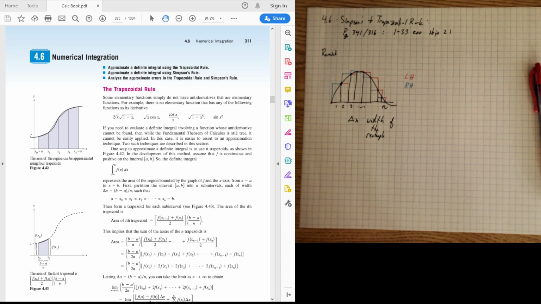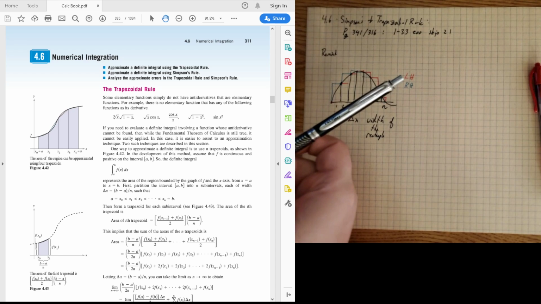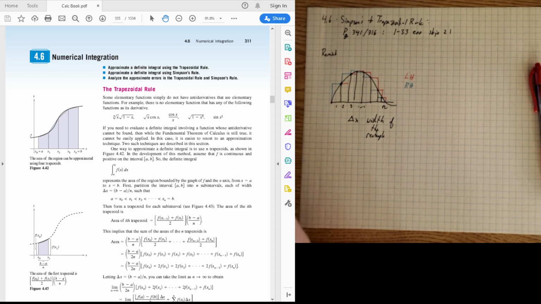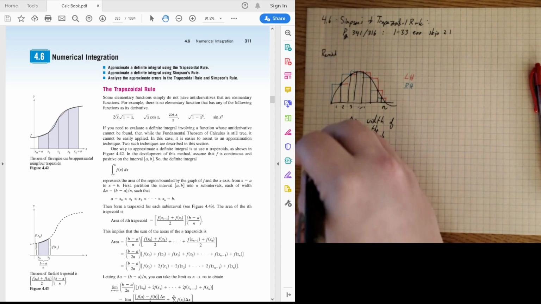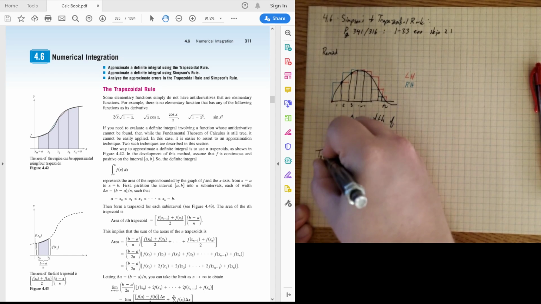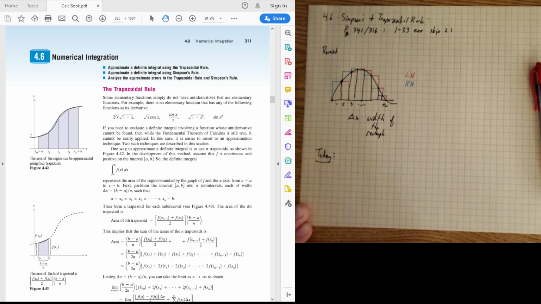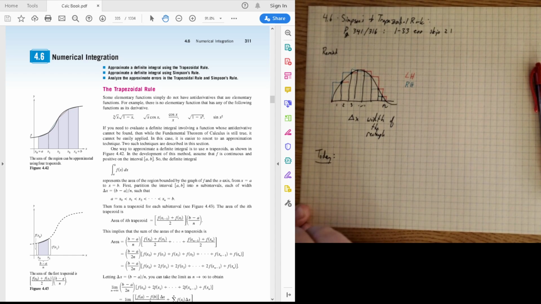These two rules that we're going to talk about today are both faster than doing either the left-hand rule or the right-hand rule, and they are more accurate for the same value of n. So for today, the big notes. We're still doing a narrative approach, so we're looking at the numerical part of this.